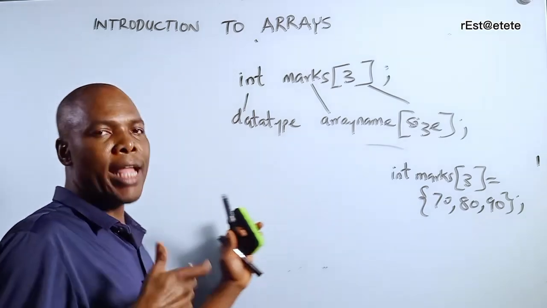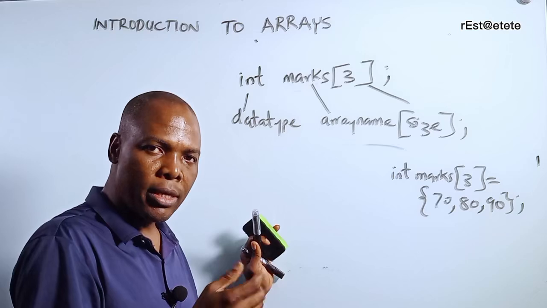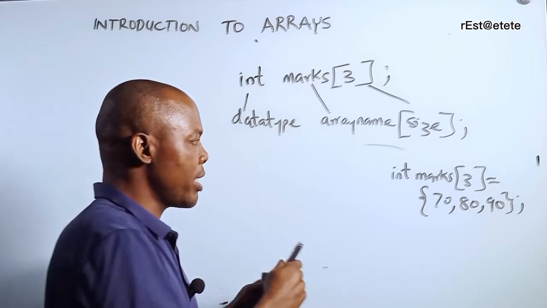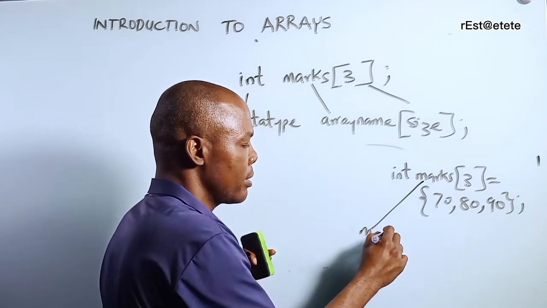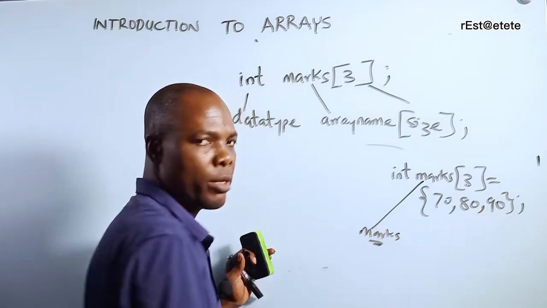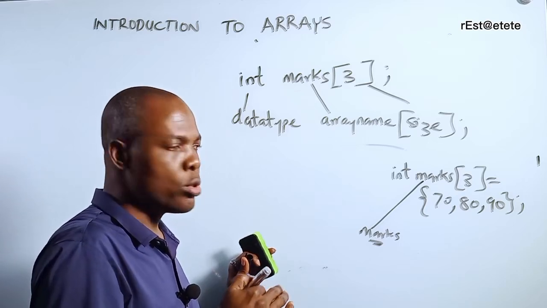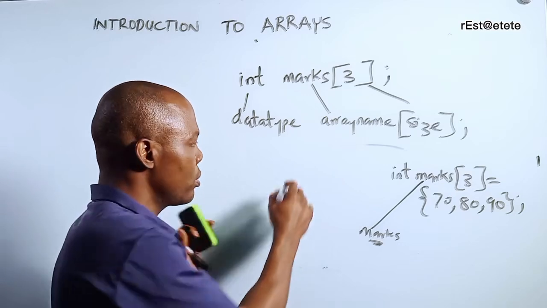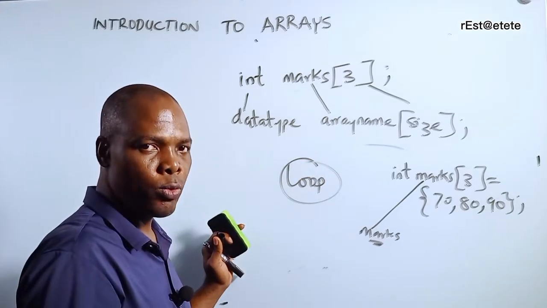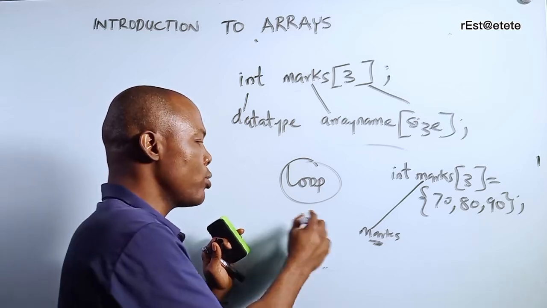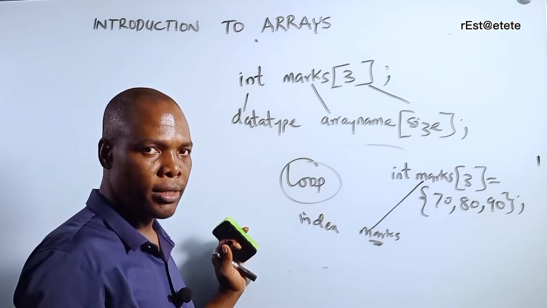So why do we need an array? An array allows you to store the elements using just one variable name. You can see I have just one variable name, max, and it's accommodating all these elements. And then it also allows you to use a loop to access the values with ease, because you are going to use an index, which we are still going to look at.